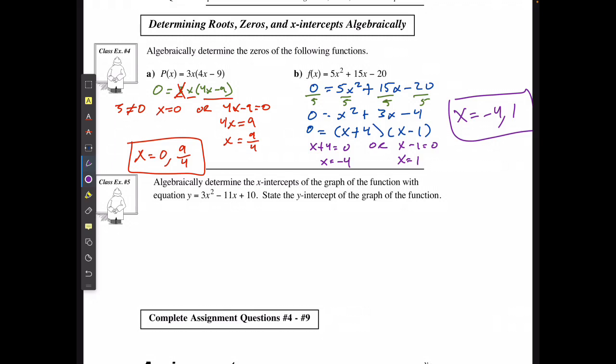For the last example, when it says algebraically determine the x-intercepts of the function here, the x-intercept is going to be when y equals 0. So I'm going to replace y with 0 and say that's equal to 3x squared minus 11x plus 10.